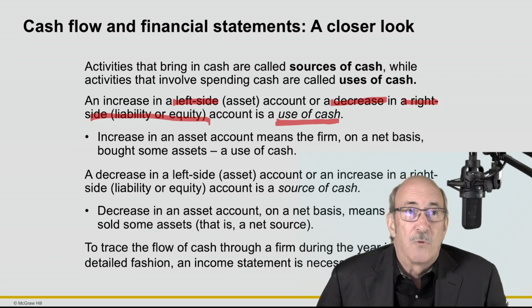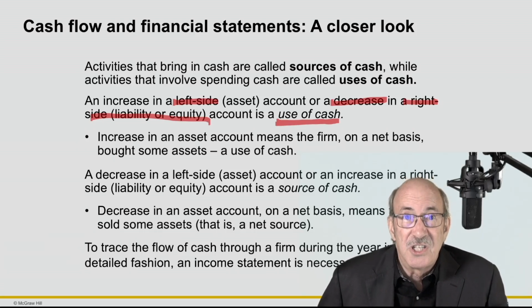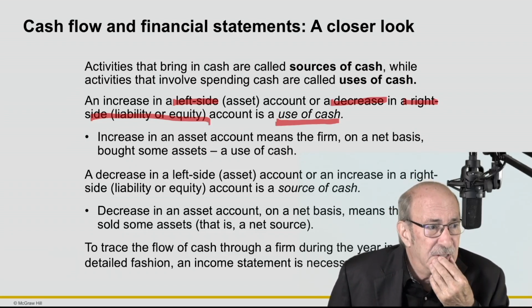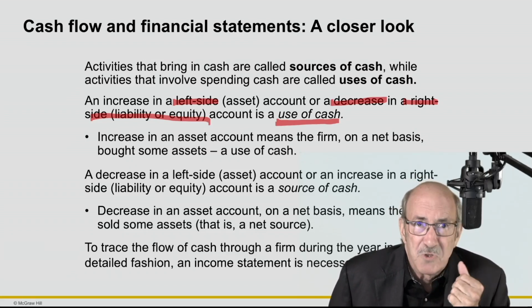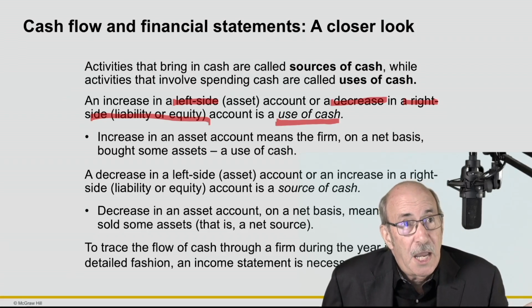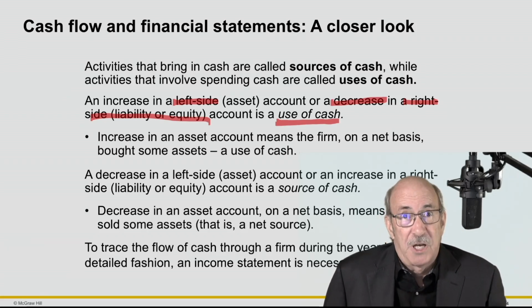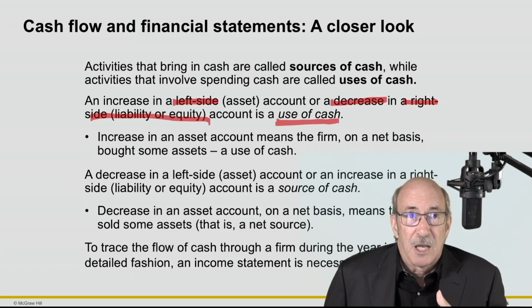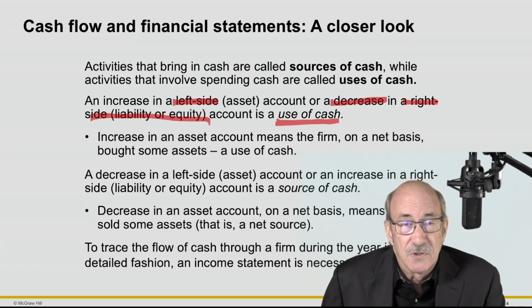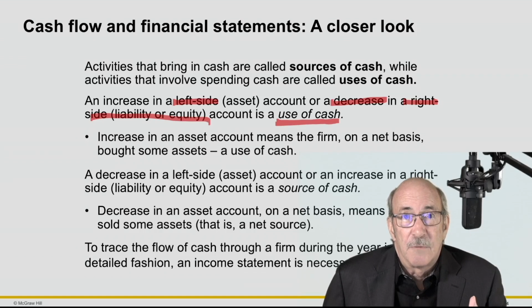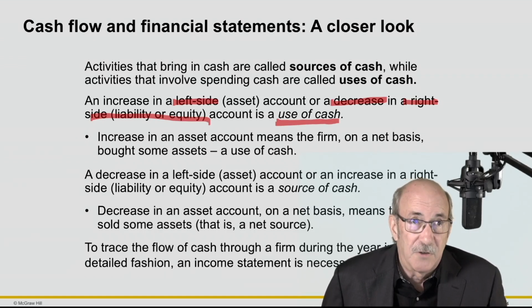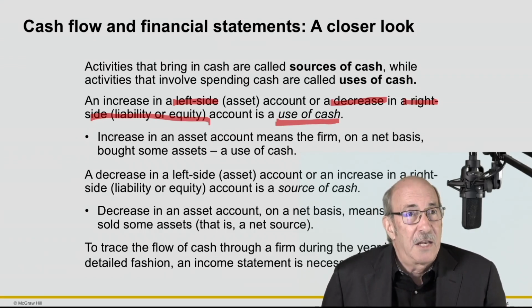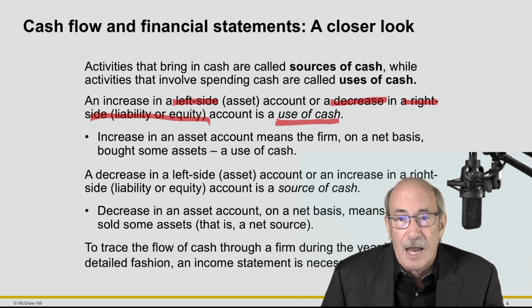Now, if the right-hand side of the balance sheet decreases, let's think of an example like, say we've got a bond issue, and we pay off that bond issue. Maybe it comes due, and we have to pay back the principal. When we pay back that principal, that decreases the right-hand side of the balance sheet, and again, obviously is a cash outflow to the firm and thus a use of cash.